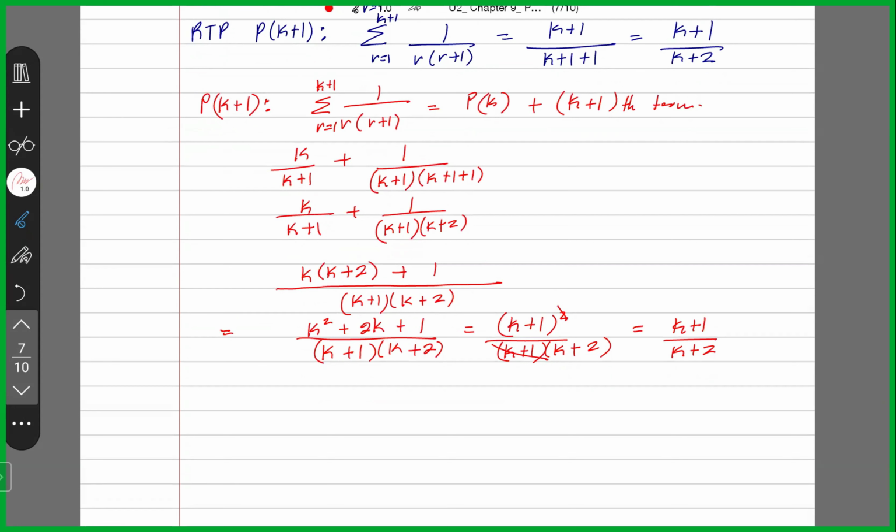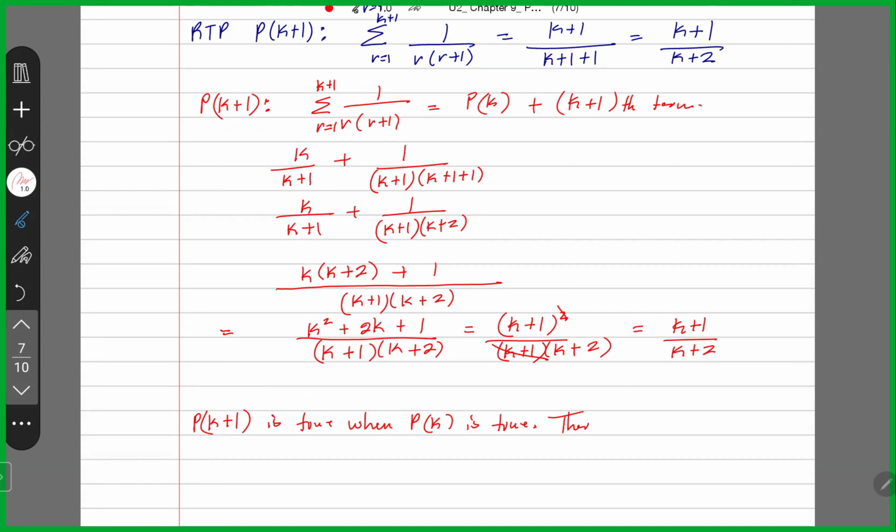So now we can make our final statement that Pk plus 1 is true when Pk is true.